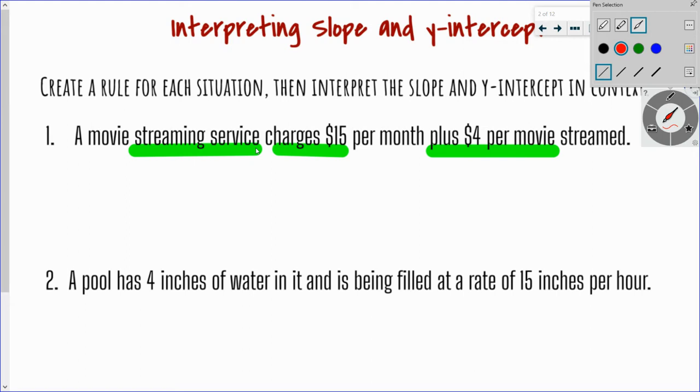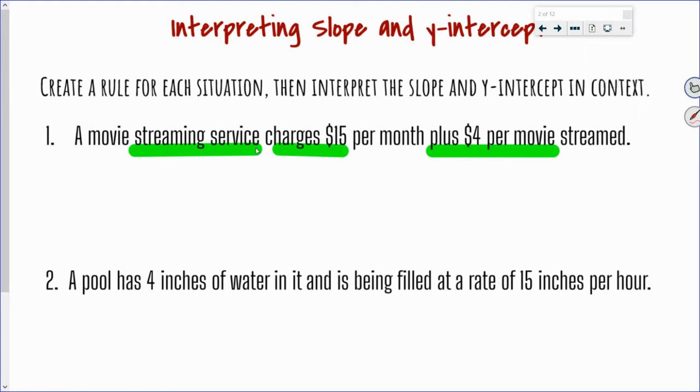Now, the instructions say create a rule for each and identify the slope and the y-intercept in context. Now here's the thing, both those parts have to be there to create the rule. In other words, the way we're going to create a rule is by using the slope and the y-intercept.